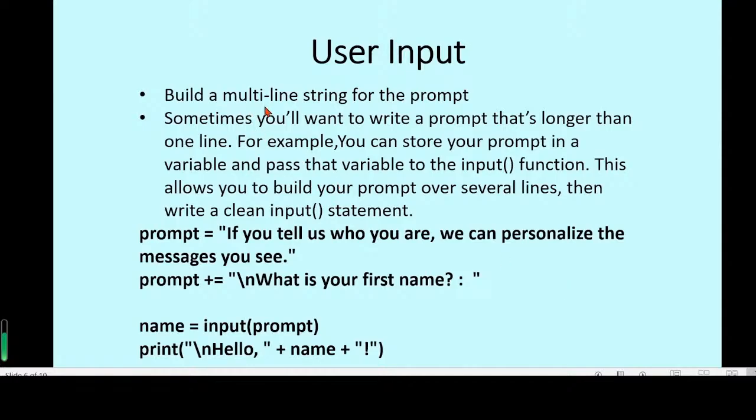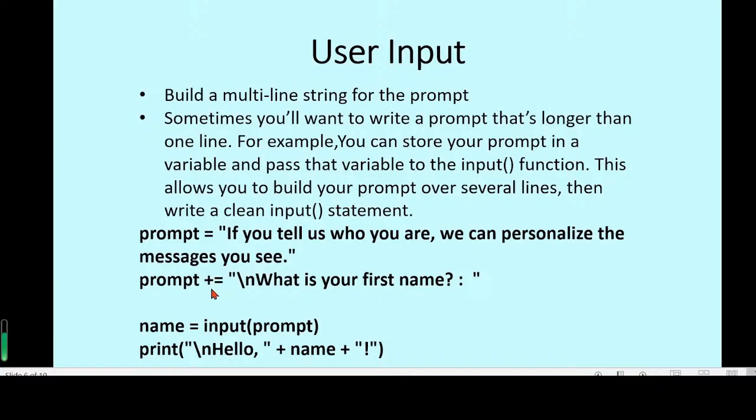And build a multi-line string for the prompt. Sometimes you will want to write a prompt that's longer than one line. For example, you can store your prompt in a variable and pass that variable to the input function. This allows you to build your prompt over several lines, then write a clean input statement. For example, we can store prompt first with this message: if you tell us who you are, we can personalize the messages you see.